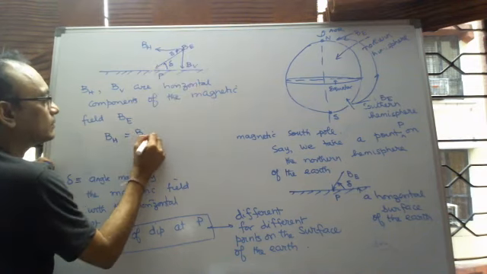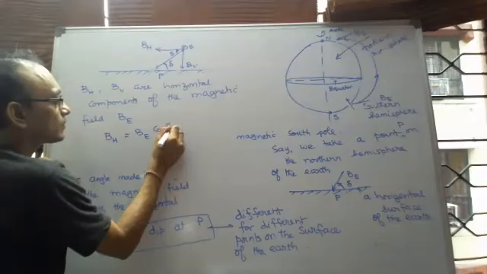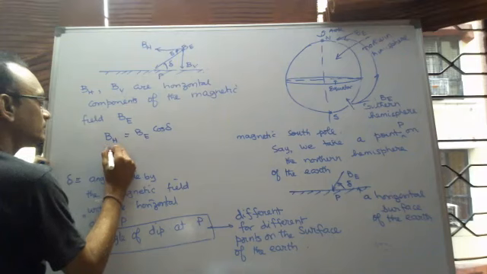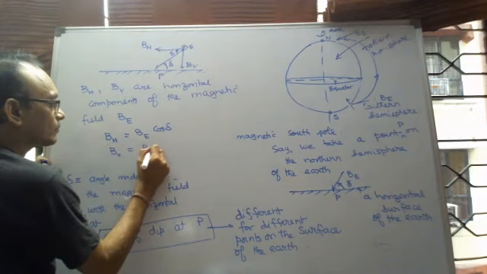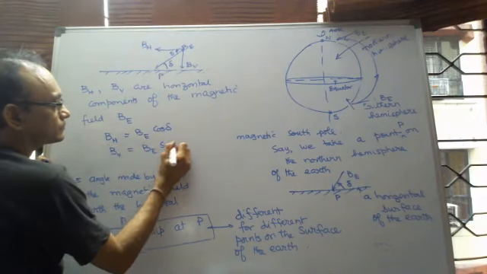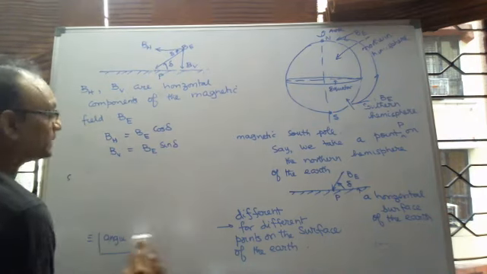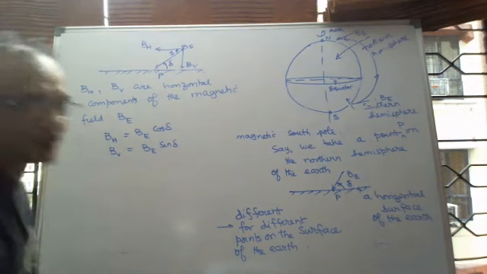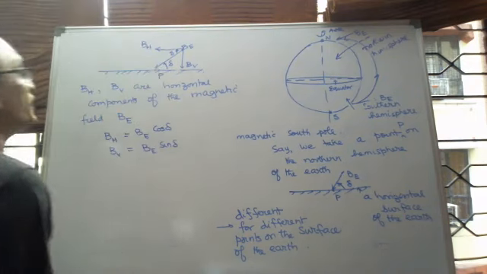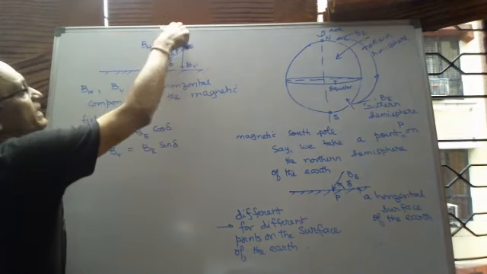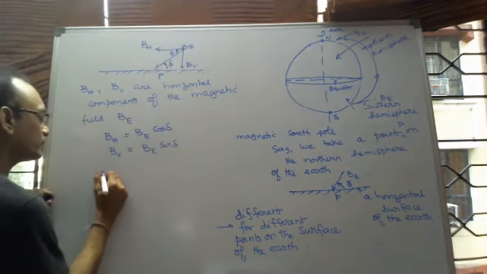And BV क्या होगा? BE sin delta. Where delta is the dip at the point P and BE is the magnitude of the terrestrial magnetic field at the point P. Very clearly, BE square will be BH square plus BV square.